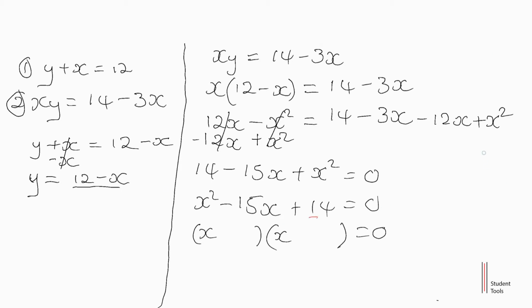Next, we have to find factors of 14, and those factors of 14, we have 1 and 14, we have 2 and 7. So we have to pick a pair which will give us an answer of 14 when we multiply, and also give us an answer of negative 15 when we add these two factors.